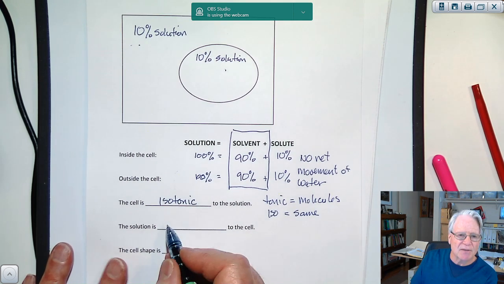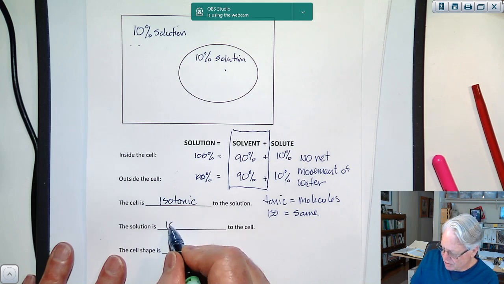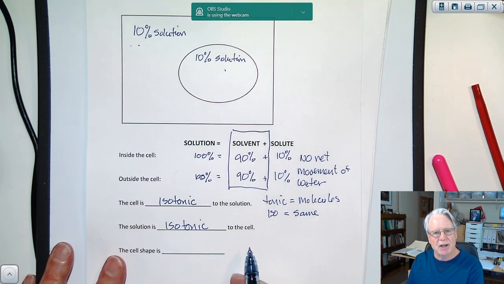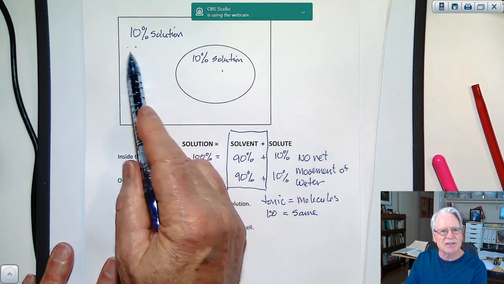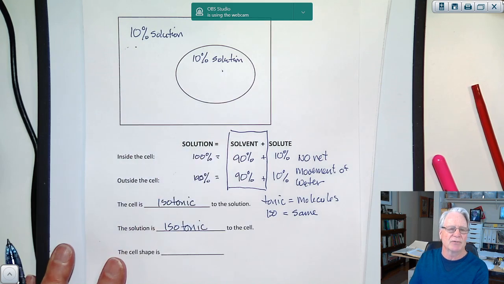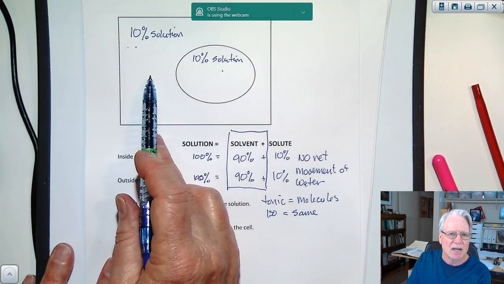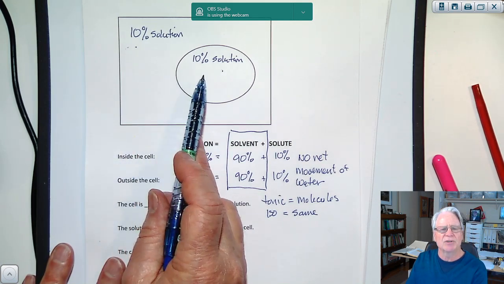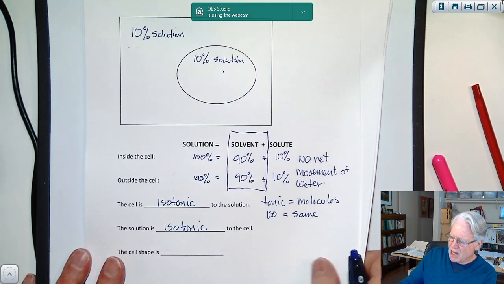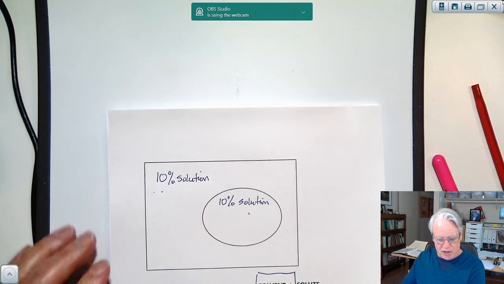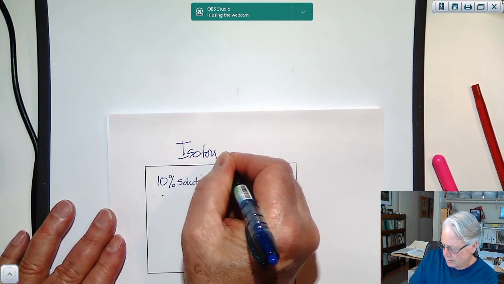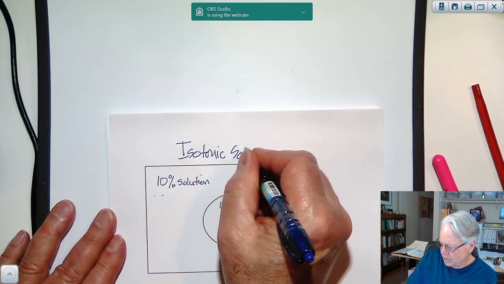We can say the same thing for the solution. The solution is isotonic to the cell. We have the same concentration of solutes here as we have on the inside. We have the same concentration of fluid on the outside as we do on the inside. Okay? All right, so what we have then, this is a situation in which we have an isotonic solution.